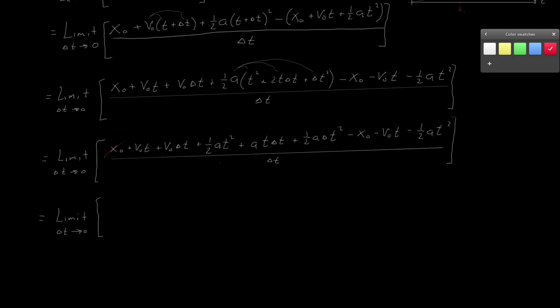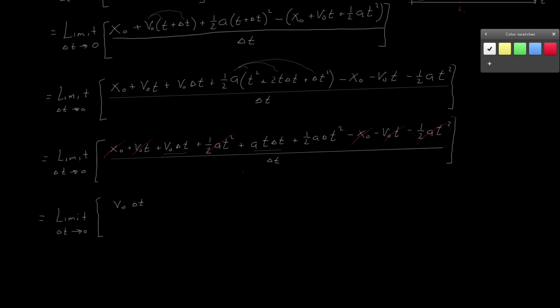Well, this x naught term and the minus x naught term, those add together to be 0. This v naught t and the minus v naught t add together to be 0. Here's a 1/2 a t squared and a minus 1/2 a t squared that add together to be 0. So I'm going to reduce again to just end up with v naught times delta t. That's this term here.